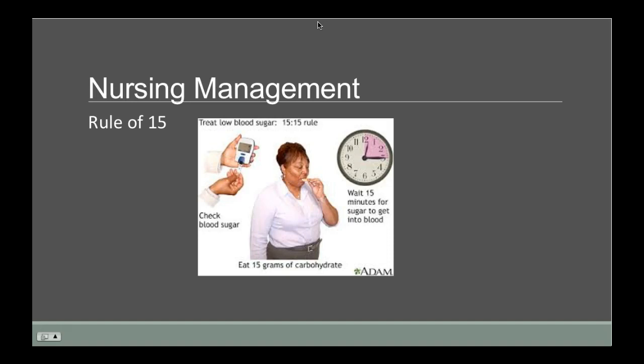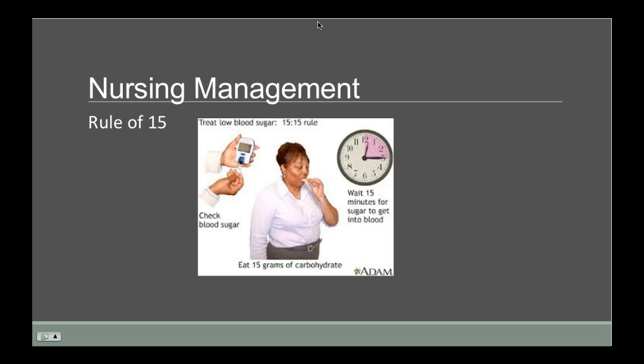You may need to contact the healthcare provider and figure out what is happening and why the hypoglycemia is occurring in the first place. Could it be that their insulin therapy is a little too much? Are they not eating enough? Are they NPO status? Those are all important things to consider.